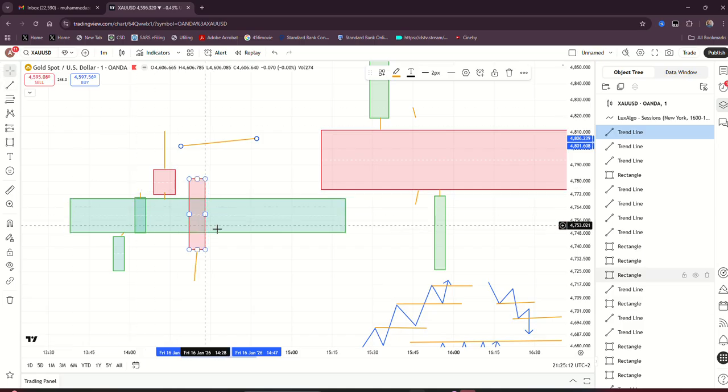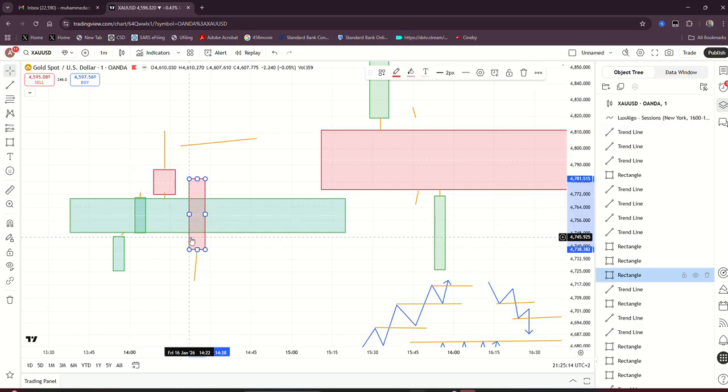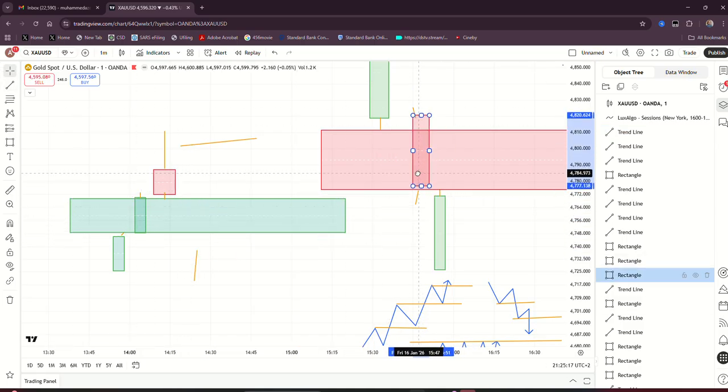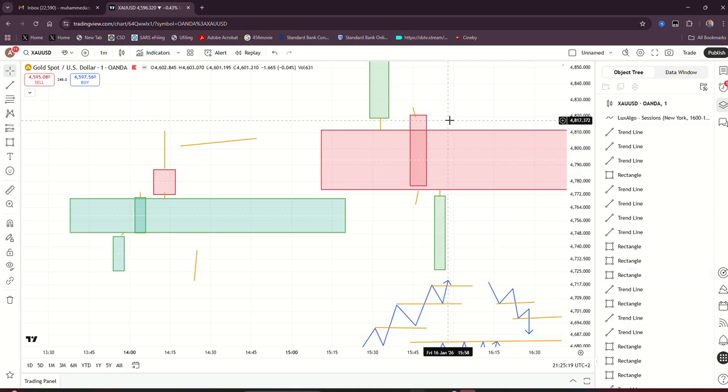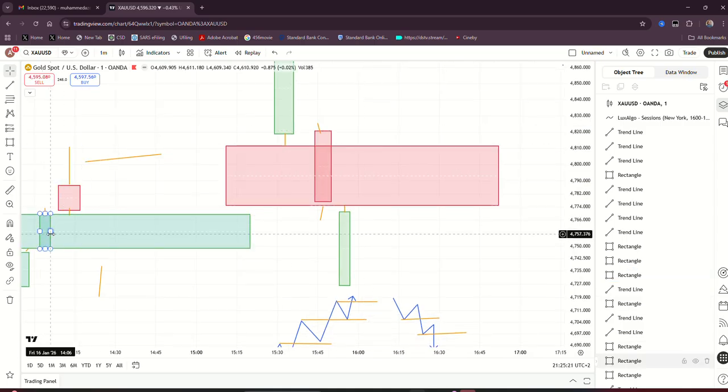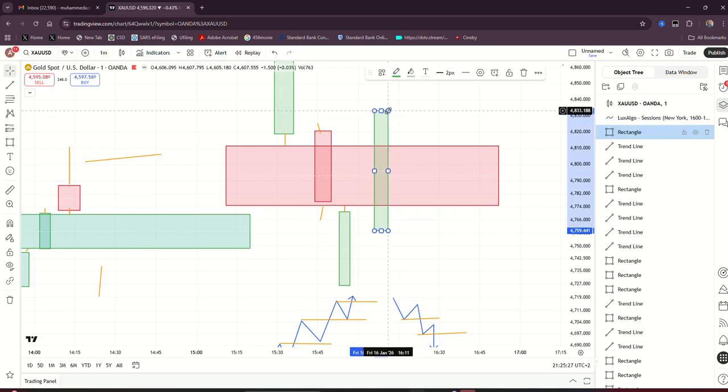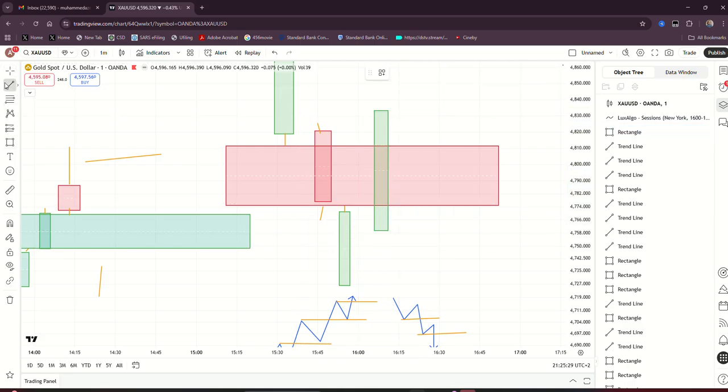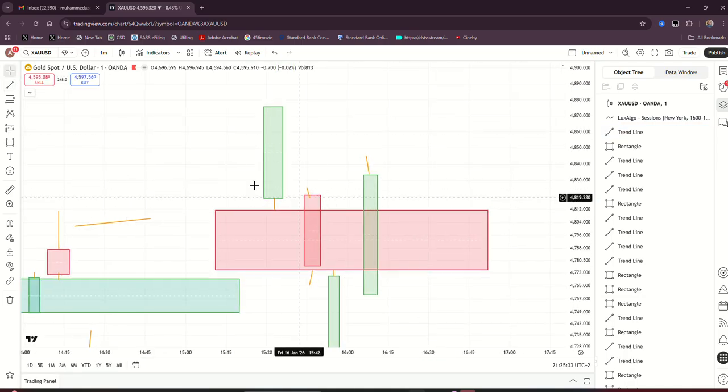And similarly, if the market was doing this, we did have this fair value gap here, and then of course we inverse it this way. As it's a bearish fair value gap, say the market just pushes above it, and there we go. So now that's an inverse fair value gap, right?